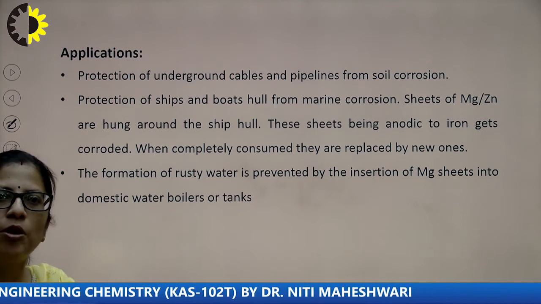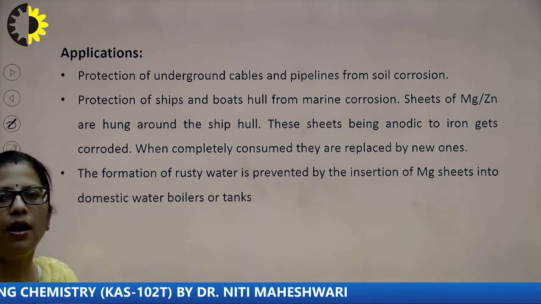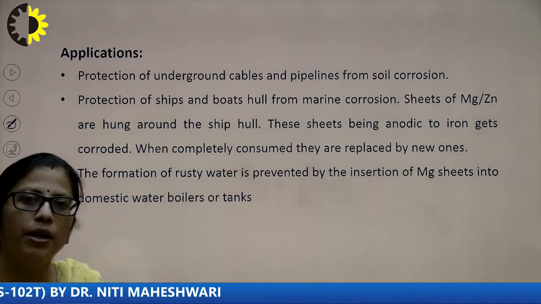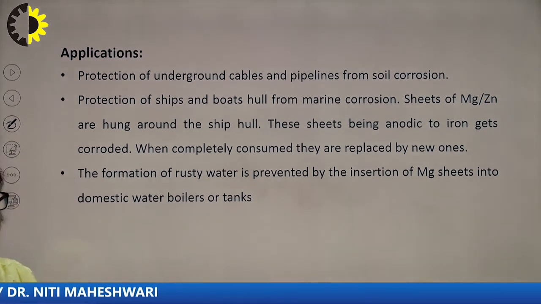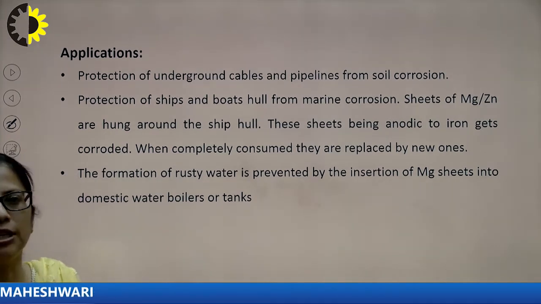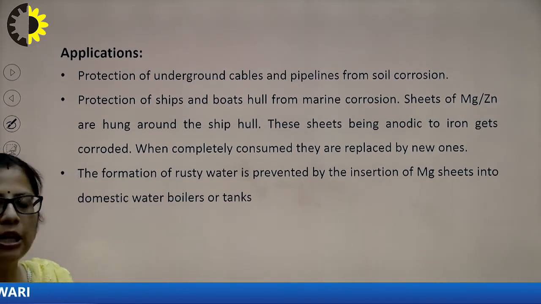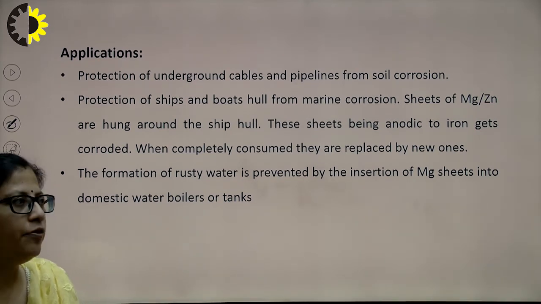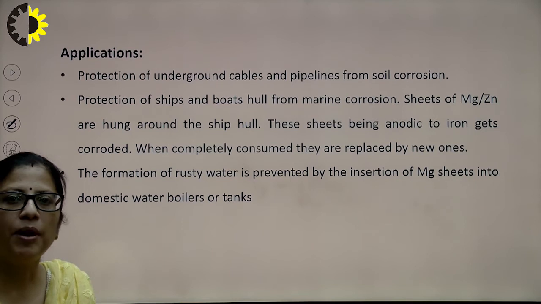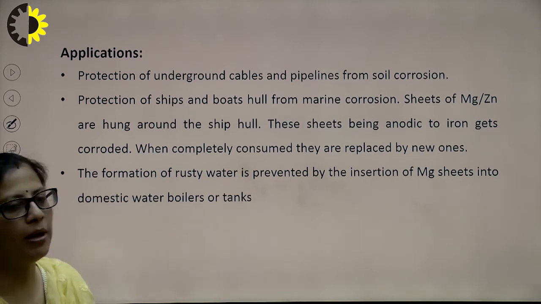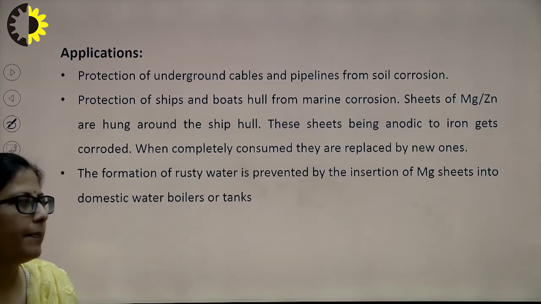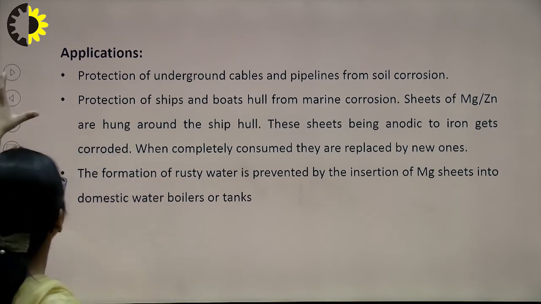Sheets of magnesium or zinc are hung around the ship hull, and these sheets being anodic to iron, they get corroded, and when they are completely consumed, they are replaced by new sheets. Then next application, it is also used in tanks, and the formation of rusty water is prevented by insertion of magnesium sheets into the domestic water boiler or the tanks.